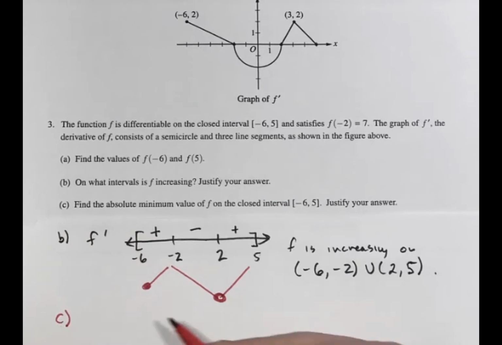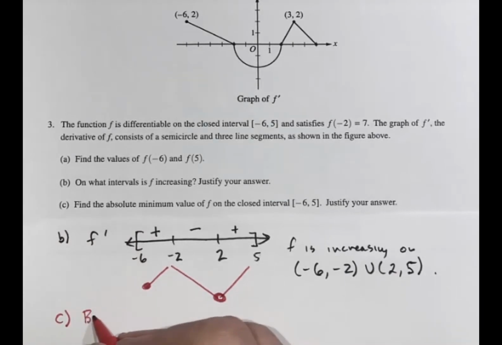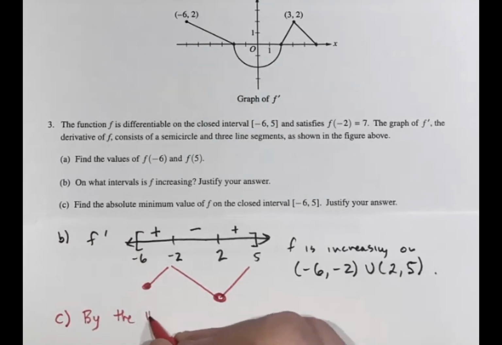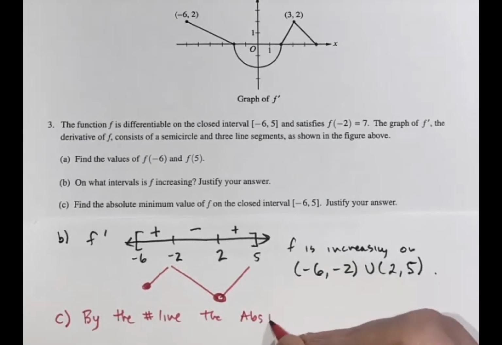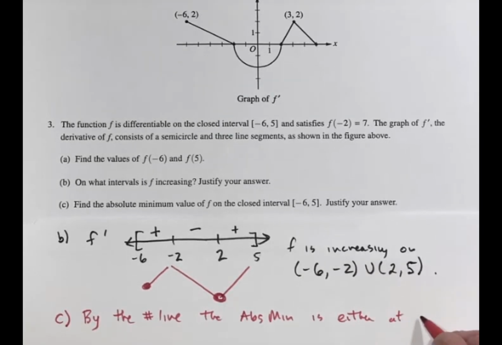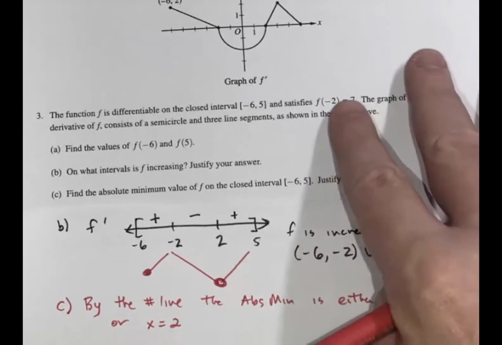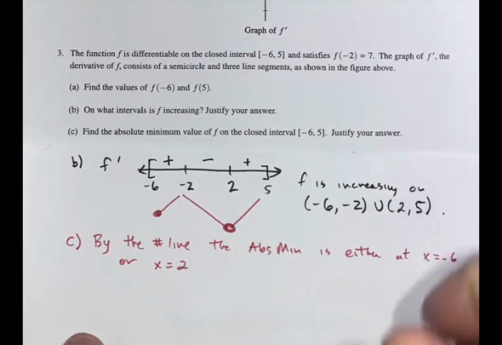So in part C, by the number line, the absolute min is either at x equals -6 or x equals 2. Those are the only two places it could possibly be.